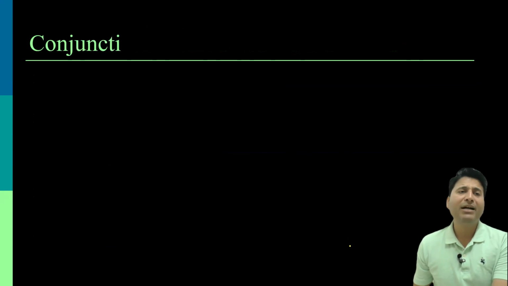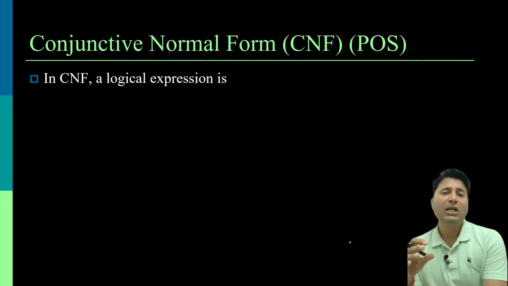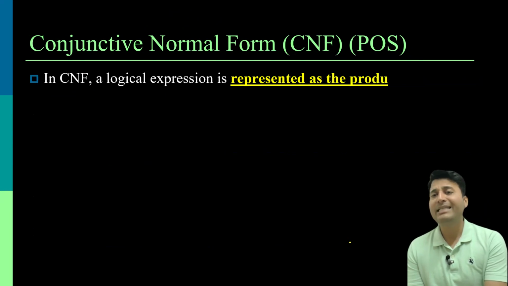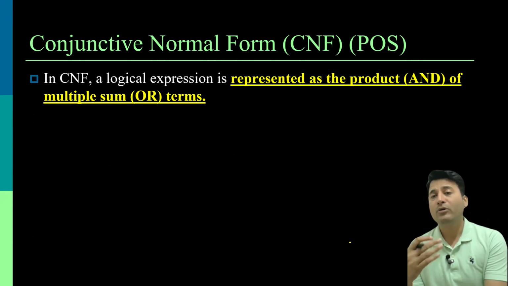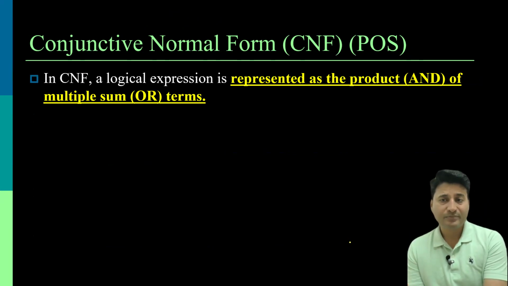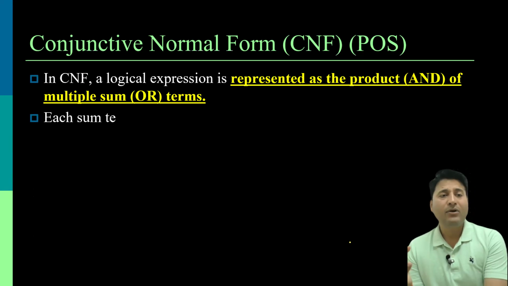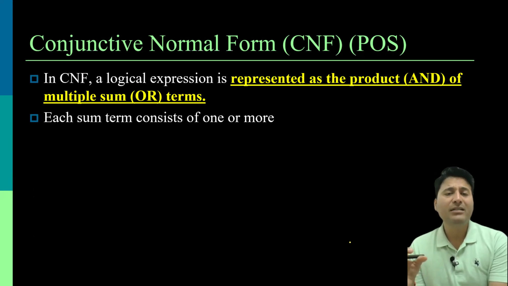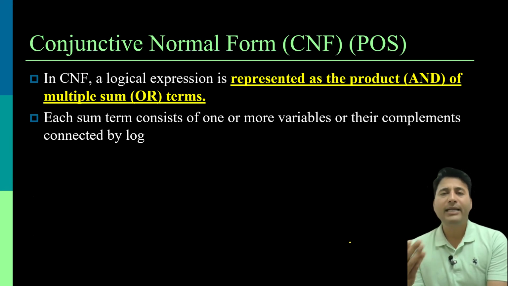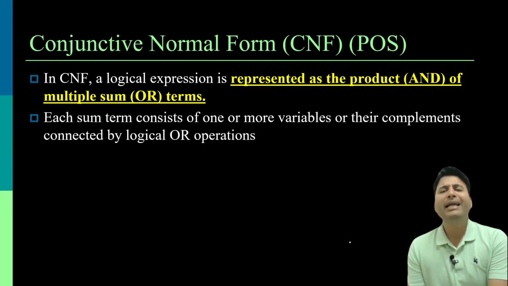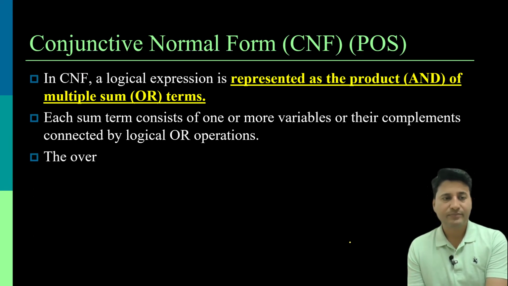In the same manner, if I am talking about conjunctive normal form, in CNF, a logical expression is represented as the product of multiple sums, the product of multiple sums, the AND of OR terms. Now, here each sum term, as in DNF, may have one variable or their complement, or may leave out some of the other variables.